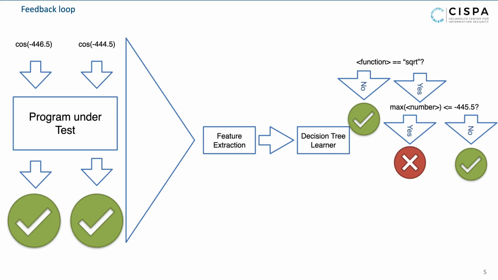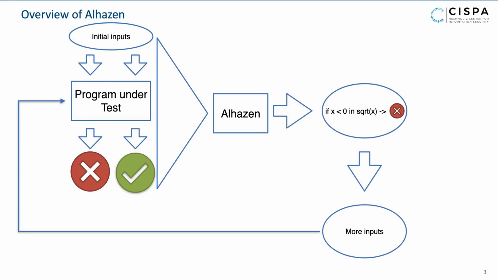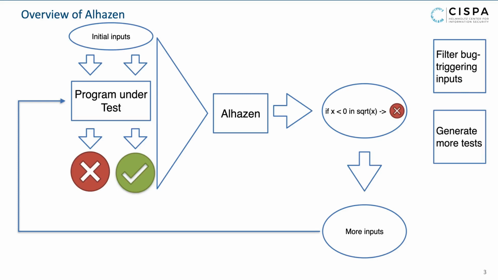However, the bound on the number is still wrong. After repeating this process for several iterations, the tree finally comes up with the correct hypothesis. Alhazen combines the decision tree learner and the test generator into a feedback loop to generate a model of program behavior, which can be used to filter bug-triggering inputs, generate more tests, and limit scope in debugging.